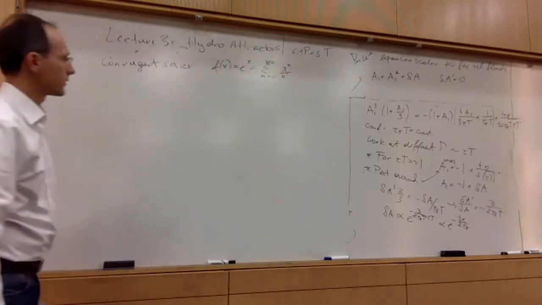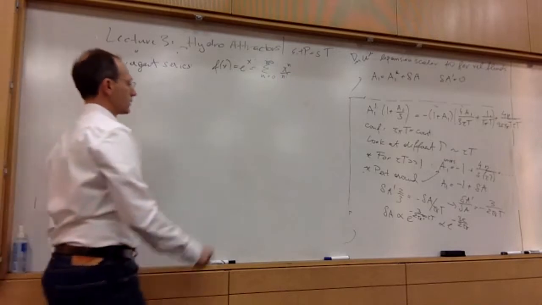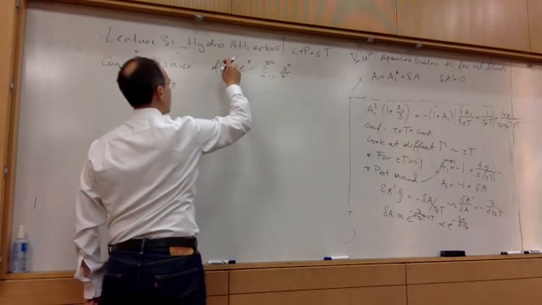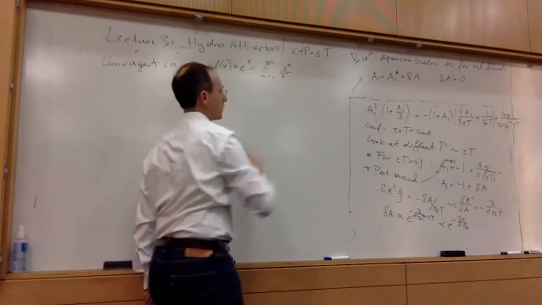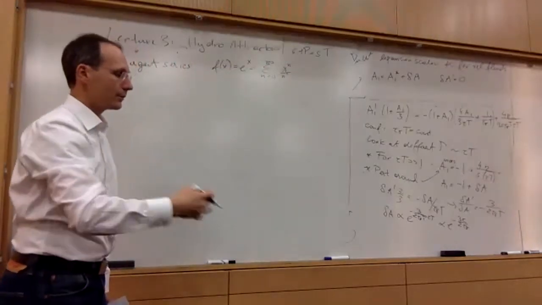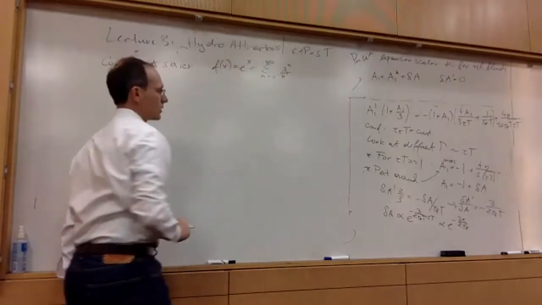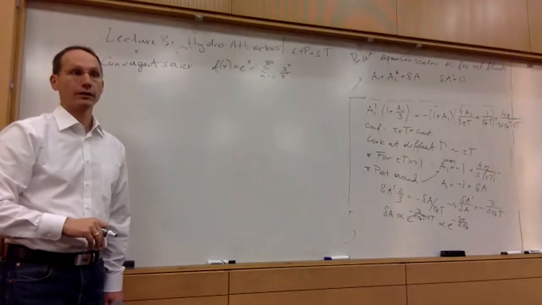This is a convergent series because I can get to the function that I want to approximate by taking a number of series terms, and the number of terms I need is finite, and the result improves as I add more of these terms.